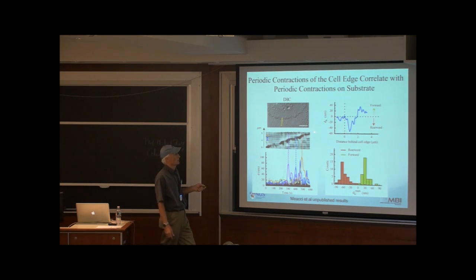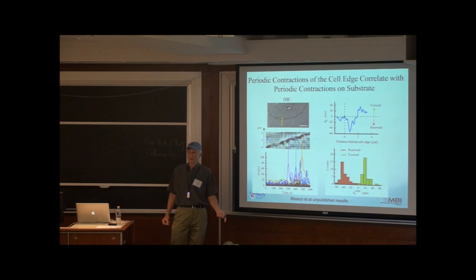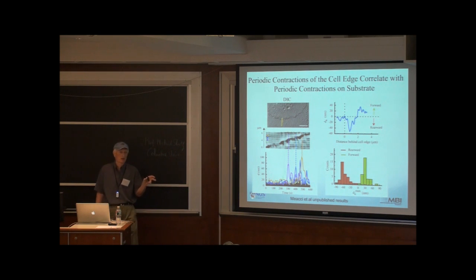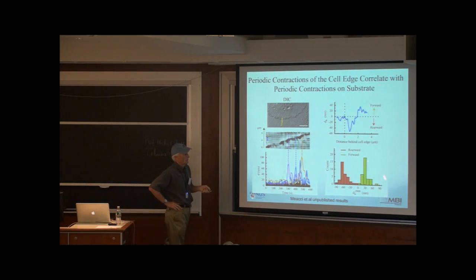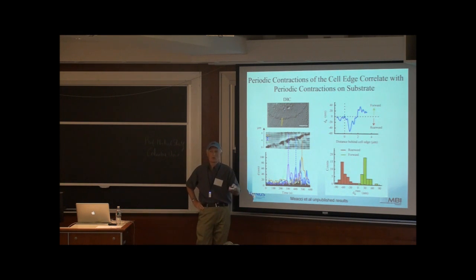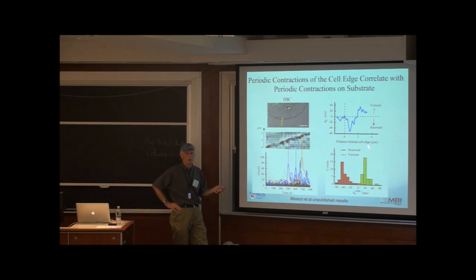What you should note here is that the ones being pulled forward are being pulled on average about 30 nanometers, whereas those being pulled rearward are being pulled about 60 nanometers, indicating that there is indeed a coupling to that generalized actin flow, and as you would expect, the pillars at the edge are being pulled more because they're coupled to that overall actin flow than those that are back and being pulled forward.